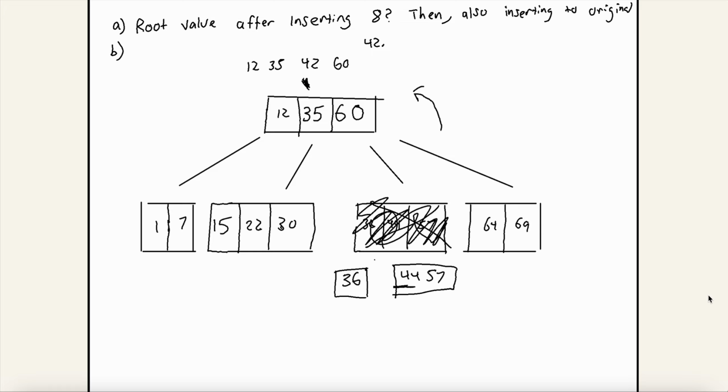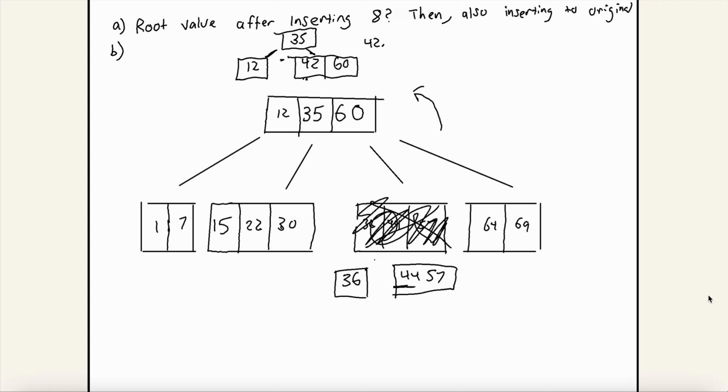So now we want to do the same thing. We want to promote the smallest of the middle values. So now our root becomes 35, and then we have 12 on this side, and then 42 and 60 on this side.